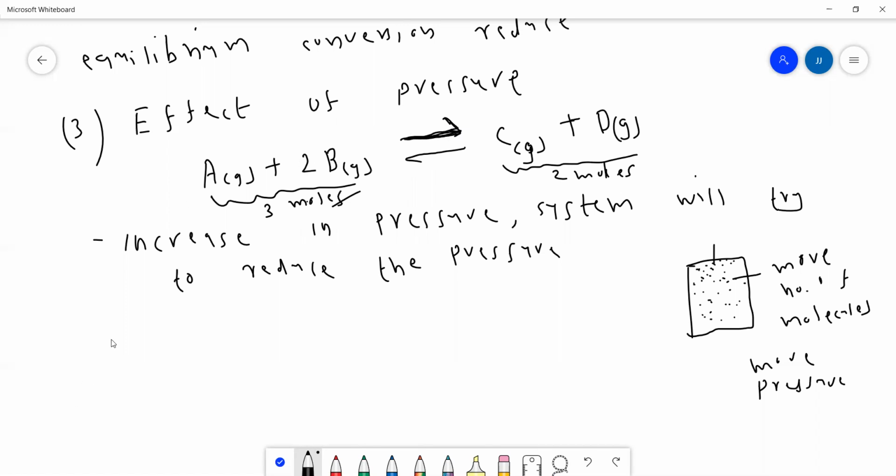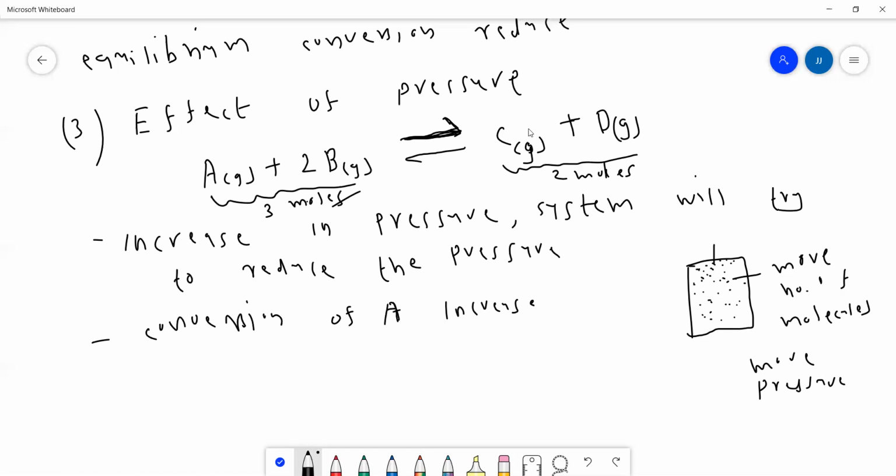So in that case, the conversion of A will increase, because the system will try to reduce the pressure, and pressure is only reduced when we have a smaller number of molecules or moles inside a reactor.